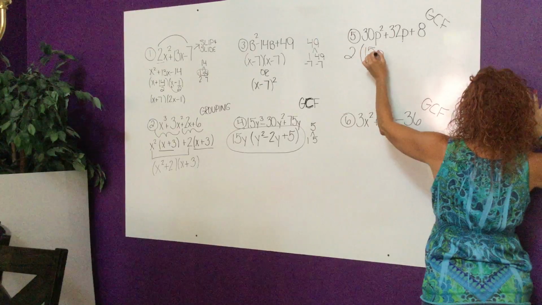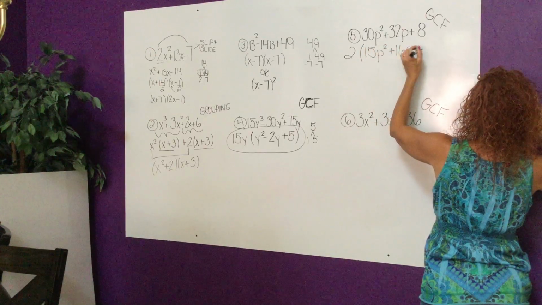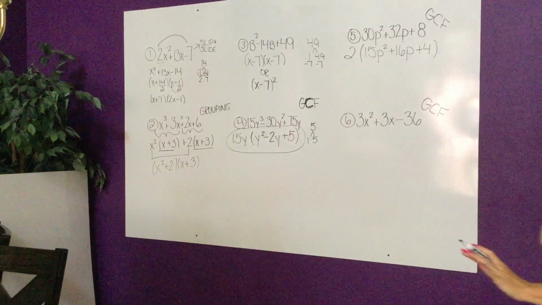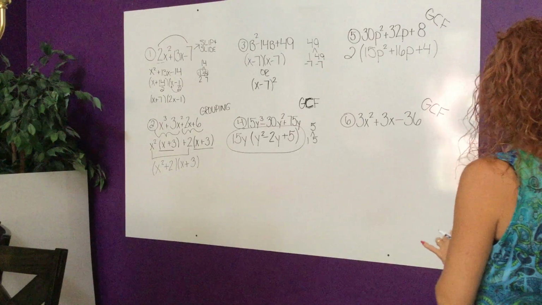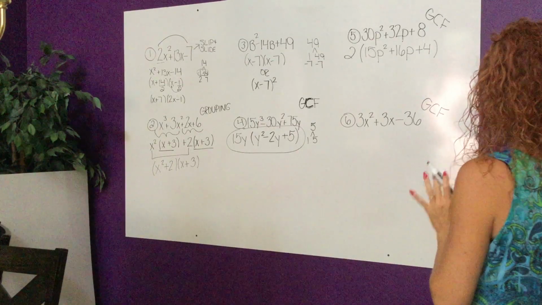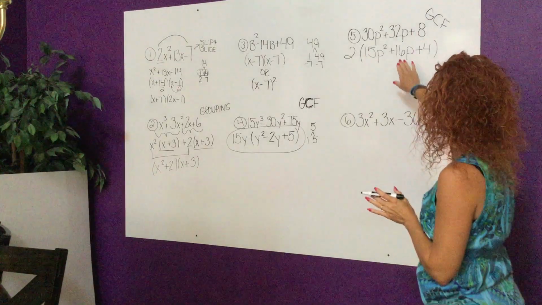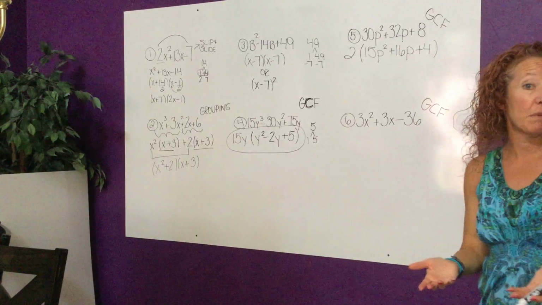So 15p squared plus 16p plus 4. And there are no common factors there, so I feel like that's okay. And now I need to slip and slide and see if there's any way to come up with 16 from 15 and 4. And maybe there is, maybe there isn't.